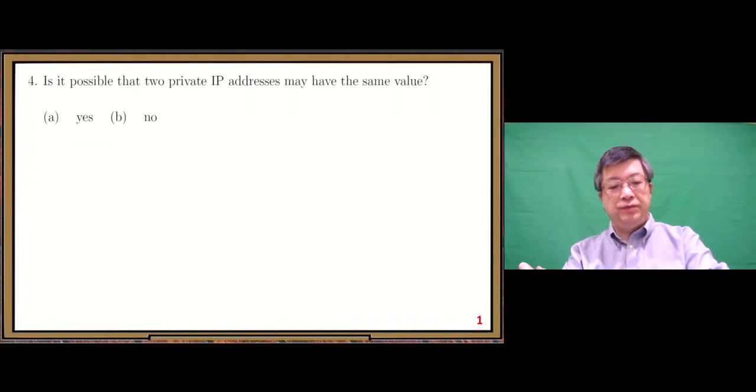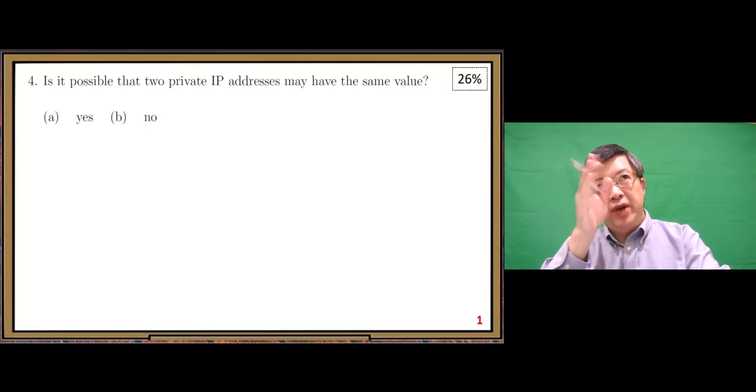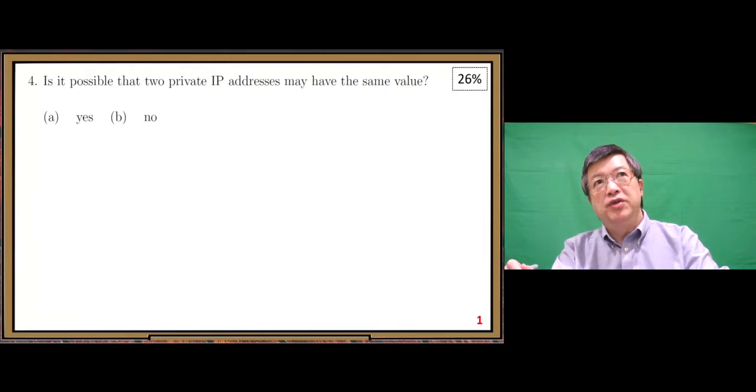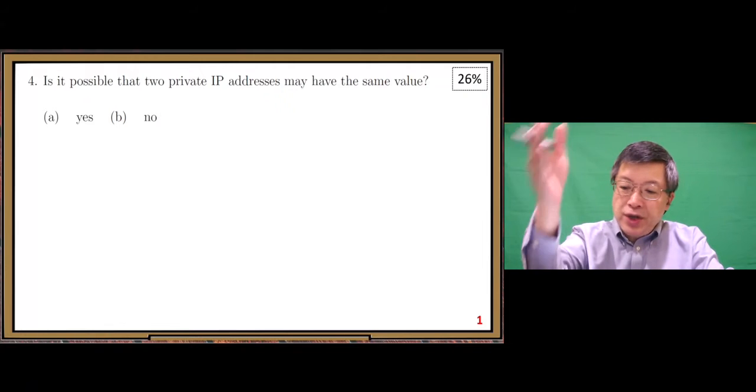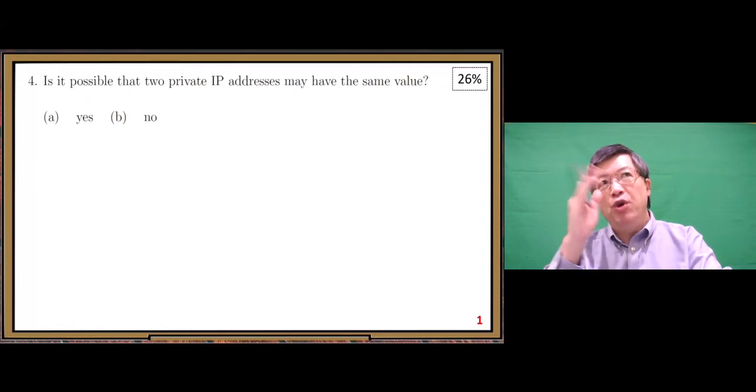The first question, question number 4. For this question, the miss rate, the students who lost points, was 26%, approximately 1/4.